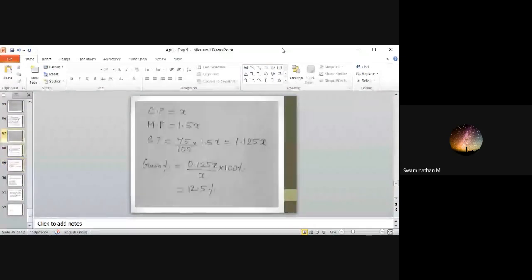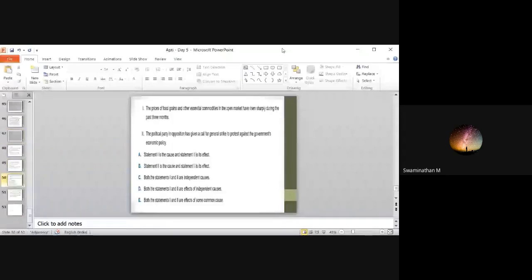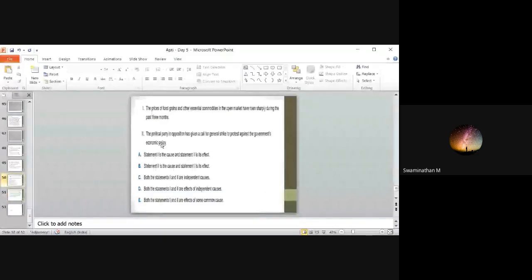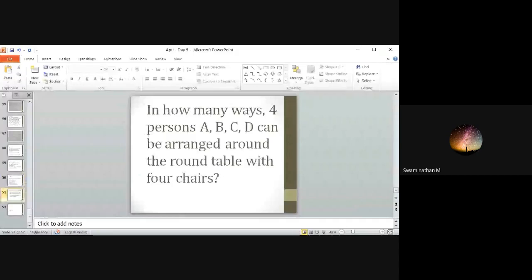And I also have the circular permutation that I missed the day before yesterday. So I just have one question with this, and I will wind up the session. In how many ways can four persons A, B, C, D be arranged around a round table with four chairs?